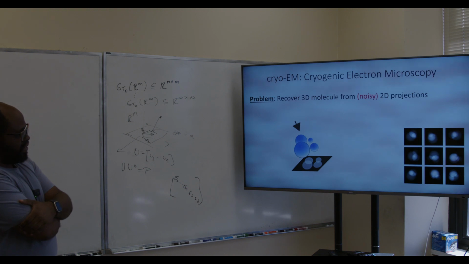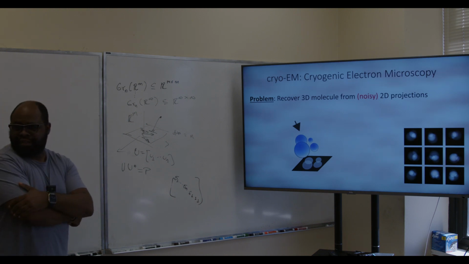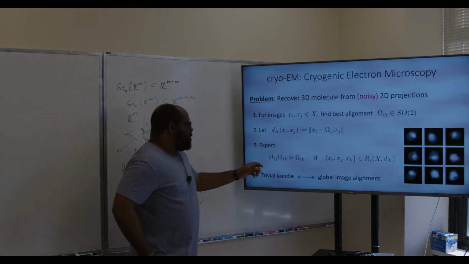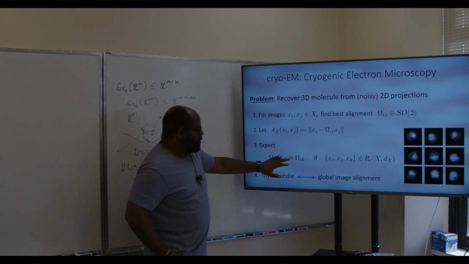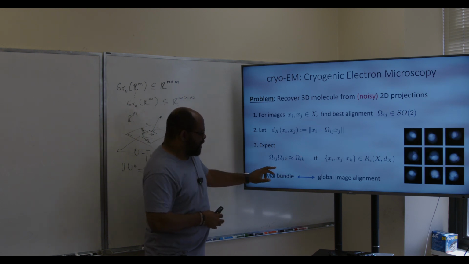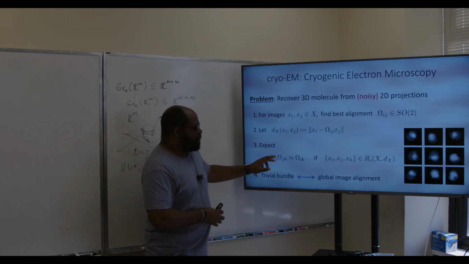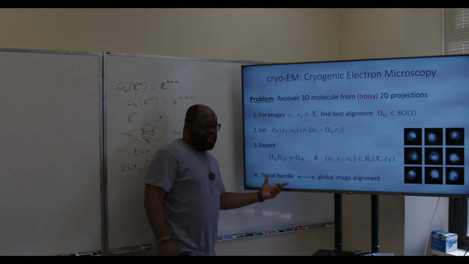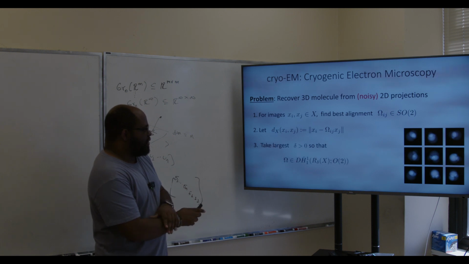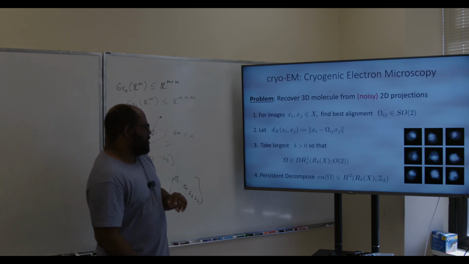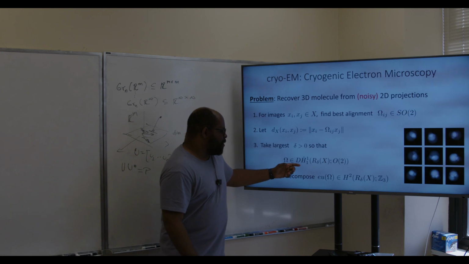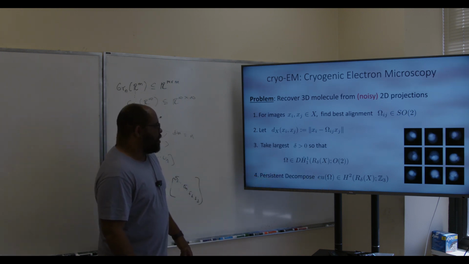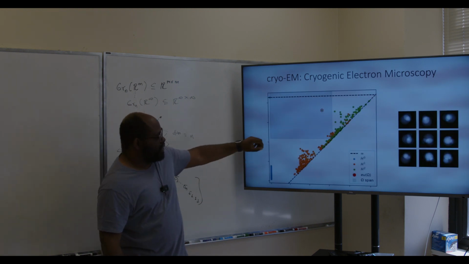Going back to the molecules and rotations and all that, just to remind you, we expected that the rotation matrices would satisfy an approximate cocycle condition, and that you could align all those images if and only if the bundle was trivial. We repeated the same process, but this time computing the Euler class of the associated bundle, and what we got is the following.